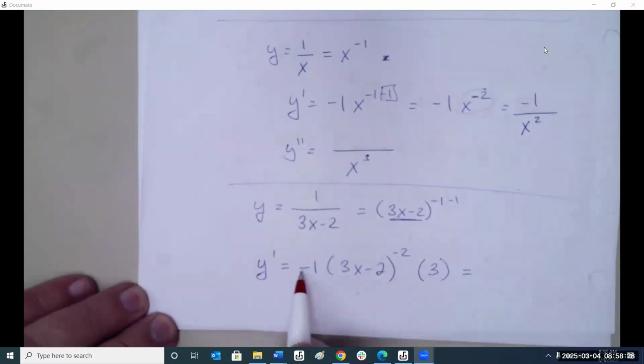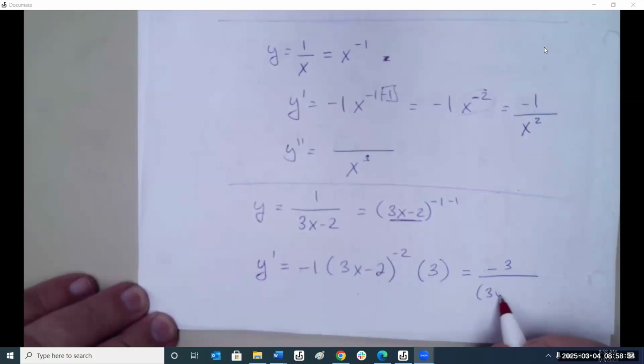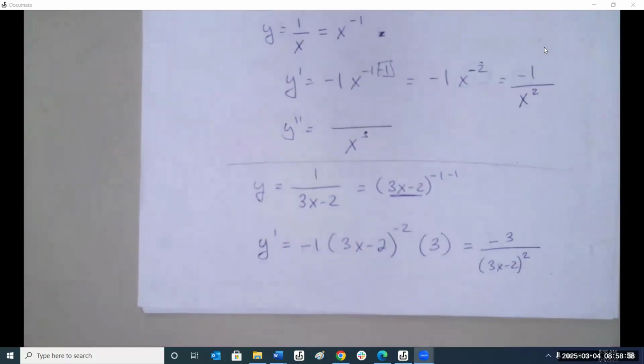Which becomes -1 times 3, which is -3, and 3x minus 2 to the power +2, because all a negative does is change the location of it. You see how much faster the chain rule is than the quotient rule? It just gives us another alternative to solve these things.